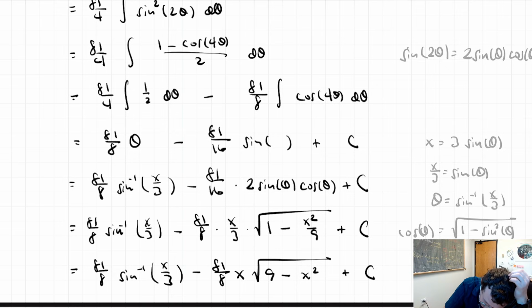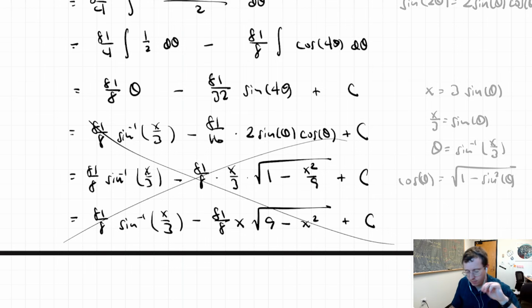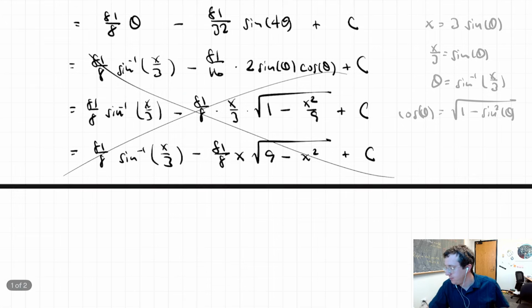So that should be a 4 theta, and then we're actually dividing by 4, so it becomes 32, and I don't want to deal with that. I mean, it's definitely doable, but it'd be a pain.